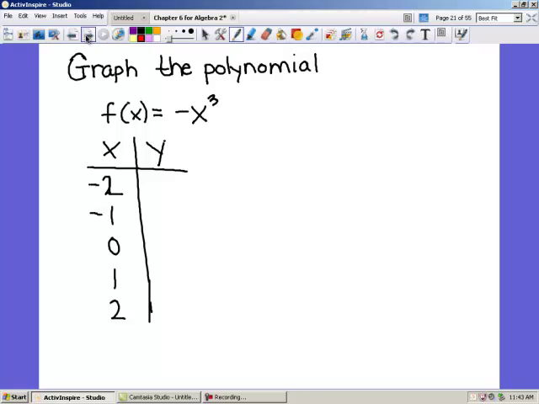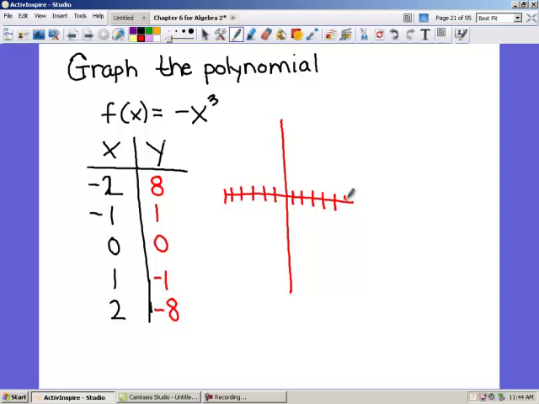So I have negative 2 and 8, negative 1 and 1, 0, 0, 1 and negative 1, and then I need to scroll down, 2 and negative 8. Okay, now we're going to go ahead and graph this. And you can pretty much graph this exactly instead of sketching, because we have the list over here to go by.